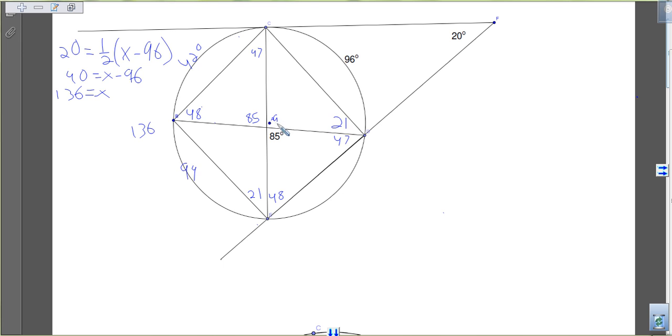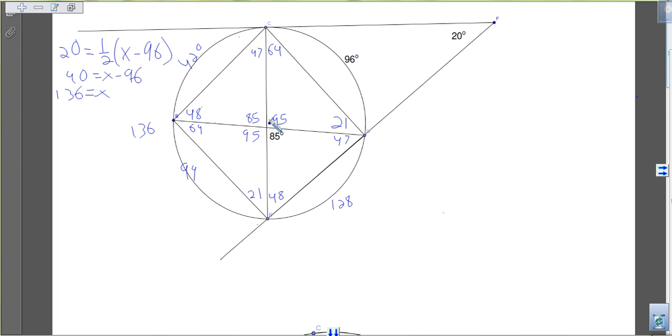Well, that's 85, so that's got to be 95, and that's got to be 95. And I can check here and say, okay, well, there's 360 degrees in this circle, so if I take 360 minus 96 minus 42 minus 94, then that's going to give me 128. I take that 128, I notice that I have an inscribed angle right there, and that 128 divided by 2 gives me 64. And then that also means that would be 64.